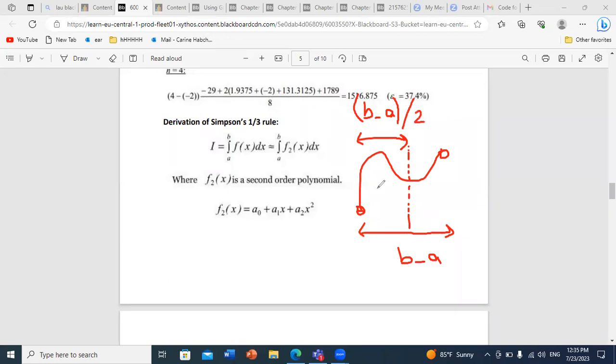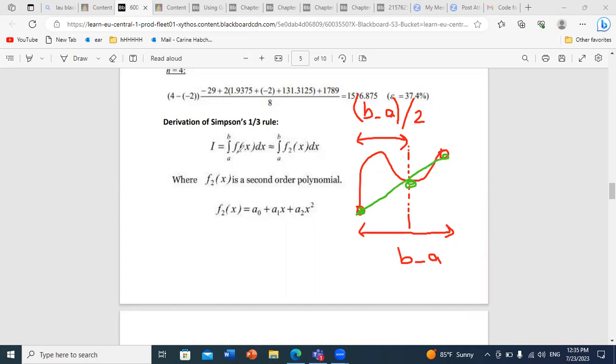So now the idea is the following. We want to take a function that should pass by these 3 points. So these 3 points should satisfy the equation of our function.